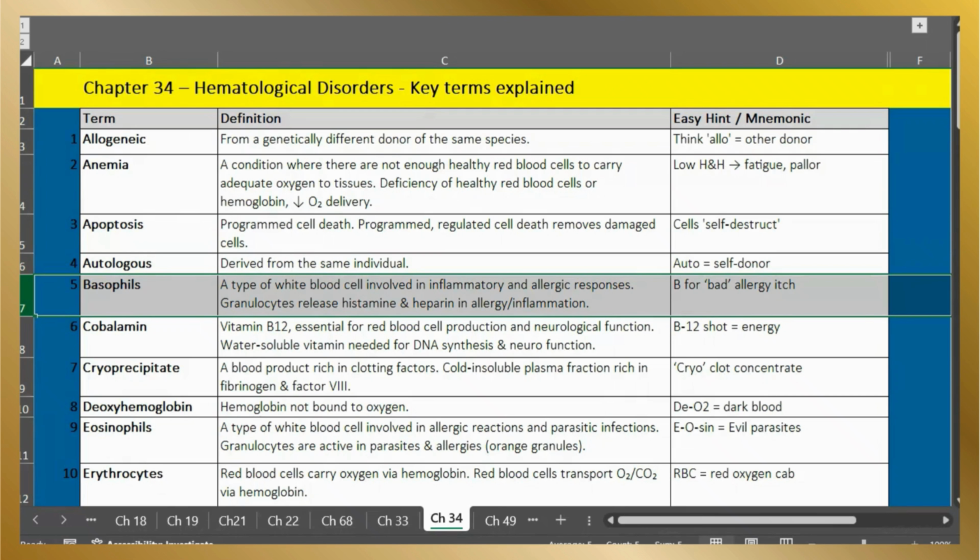Basically, it's a white blood cell involved in inflammatory and allergic response. It's a granulocyte that releases histamine and heparin in allergy and inflammation. So B is like for bad allergy itch. It releases histamine, and it's elevated in allergic reaction or chronic inflammation.